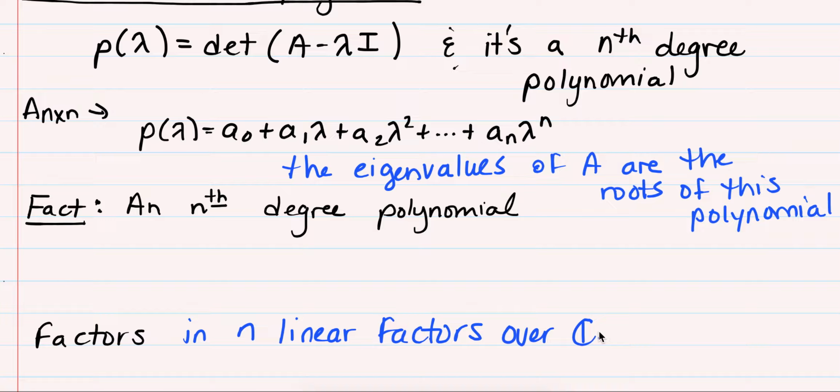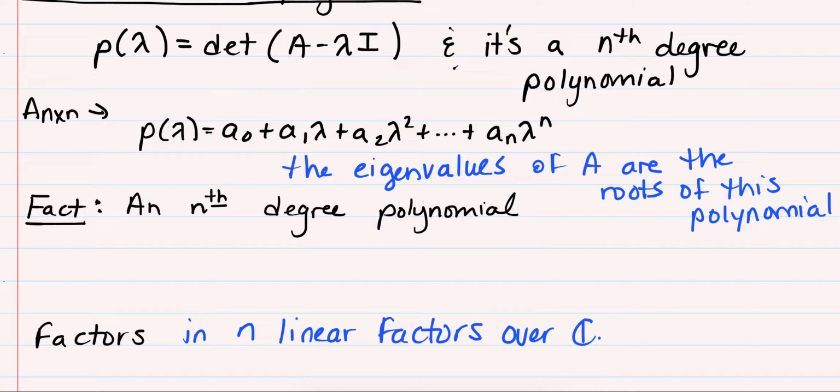And that's why I wanted to use the complex numbers here, because if you're not working with the complex numbers, some polynomials don't factor completely, something like x squared plus 1. If you set this equal to 0, you get x squared is equal to -1, and so the roots are plus or minus i, and that's a problem, because if you're over the real numbers, you can't use i. So that's why we're working over the complex numbers. We want our polynomials to factor.